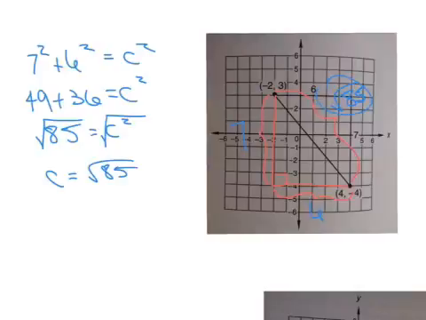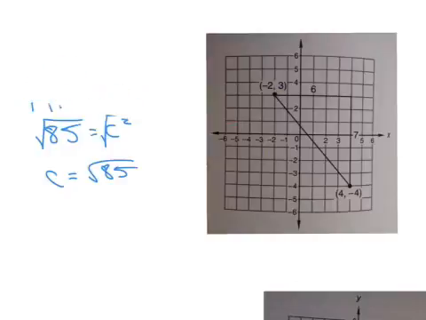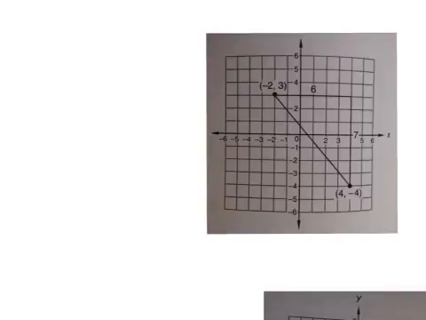Okay. I want to teach you how to do this without always having a graph there to look at. Alright, so let's erase all of this, and let's look at what we've got, especially considering the last lesson that we did, lesson number 87, where we were using the slope formula.